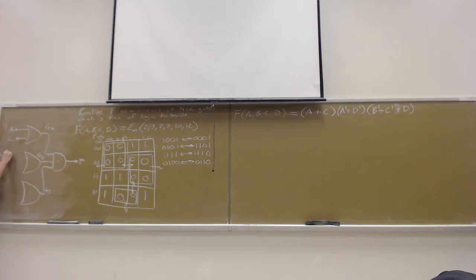Let's do A, D, not B. And finally B prime, C prime, D prime. B prime, C prime, D. All right, there we go.